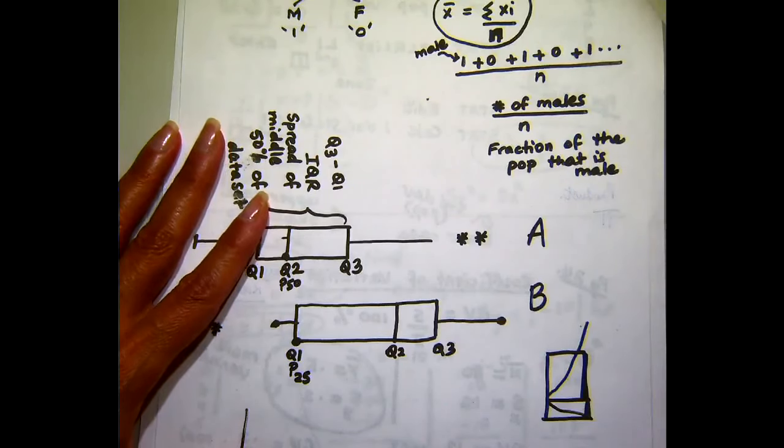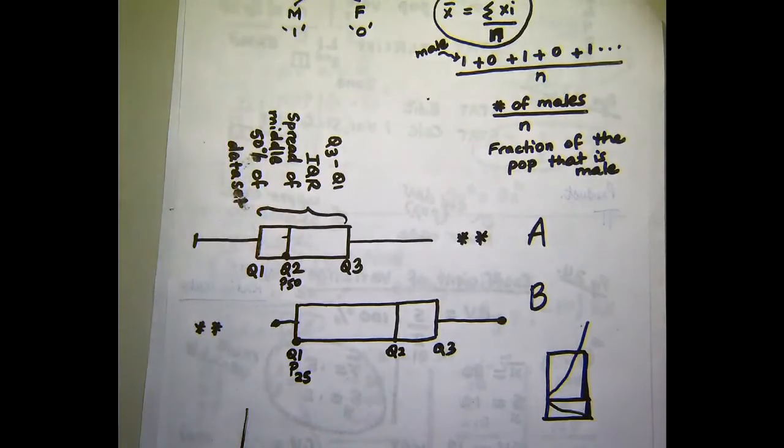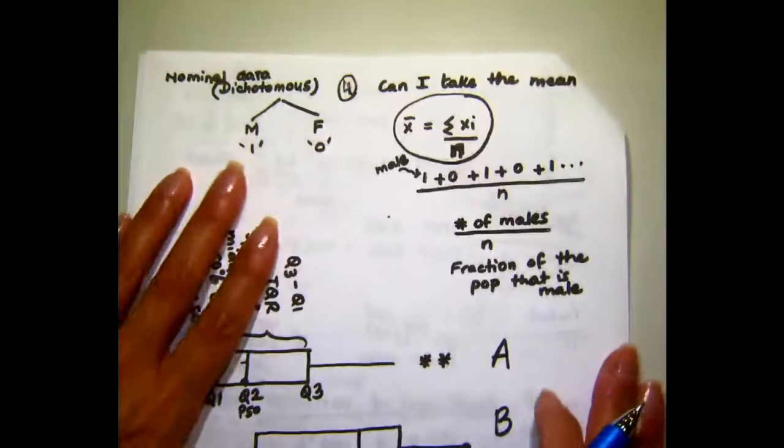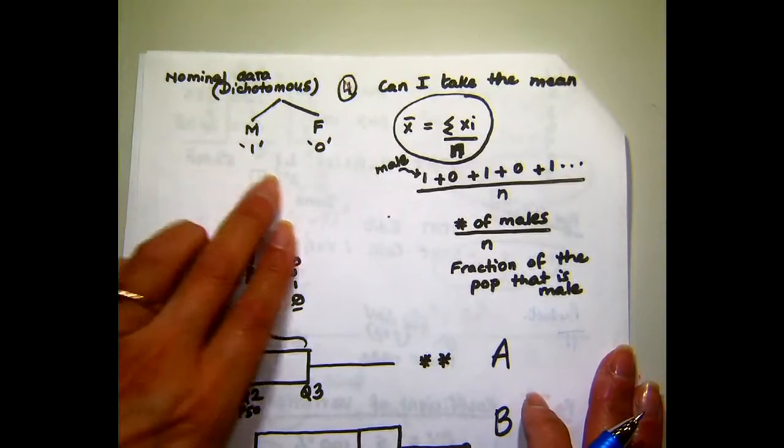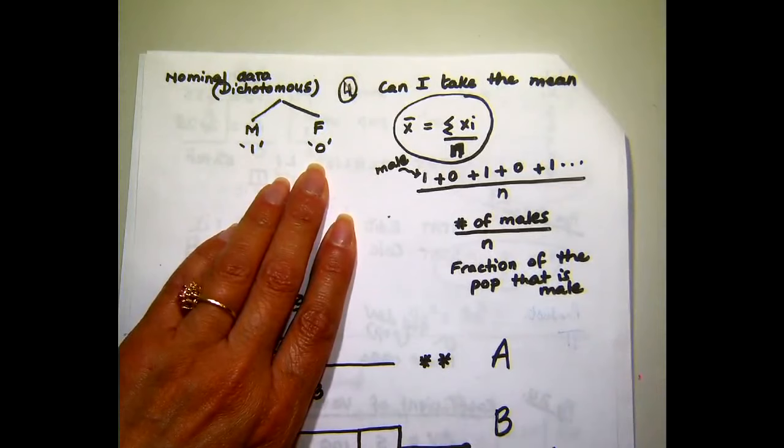So suppose you have exactly two values for the variable, male and female. This is a nominal variable. Assign a 1 to one of them. In this case, I assign a 1 to the males, and I've assigned a 0 to the females. What happens when you take the mean?